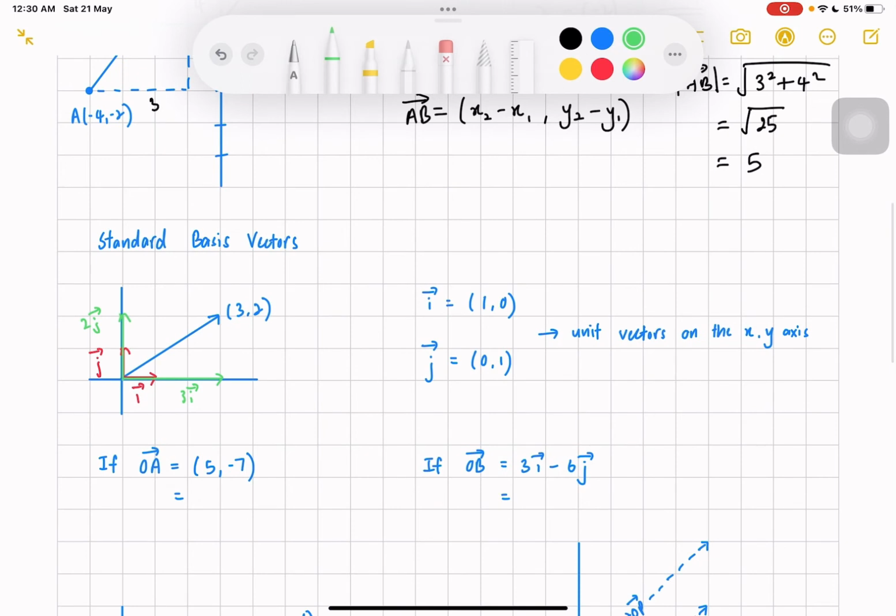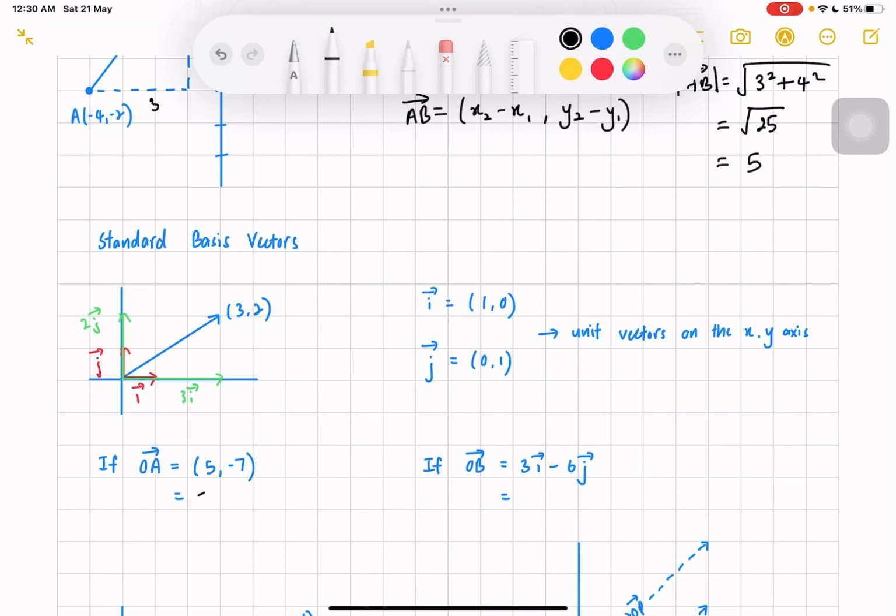So let's say we are given vector OA which has coordinates of 5 and negative 7. For vector OA, we already assume it is a position vector because it starts from O to point A. If it starts from O, it means it's starting from the origin. So vector OA is a position vector. To write it as the standard basis vectors, all we have to do is very simple.